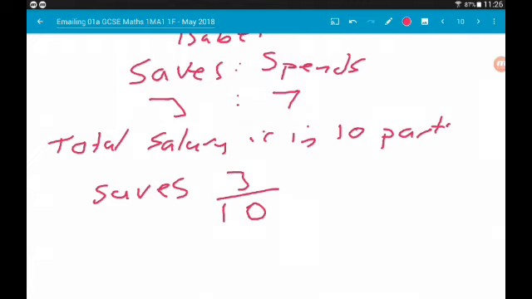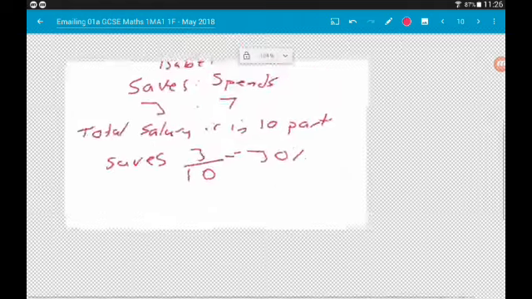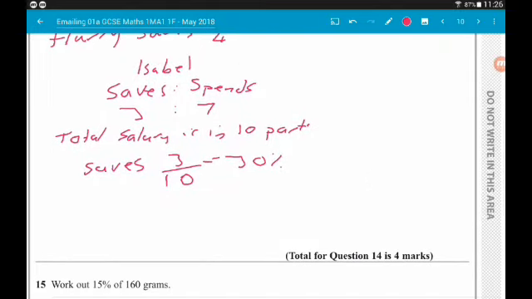So that's the fraction of her salary she saves. 3/10 is 30%. So Isabel saves the most. Isabel is our answer.